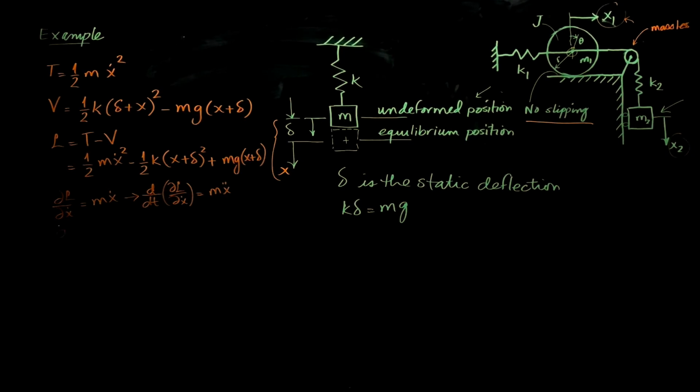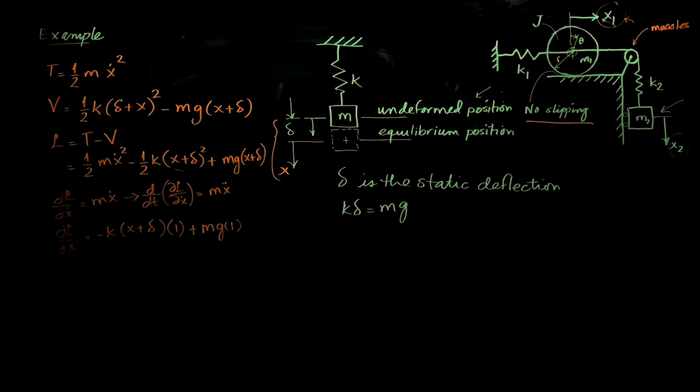Now the partial derivative of L with respect to x is negative k x plus delta, and the derivative of the bracket with respect to x is just 1, plus mg, derivative of the bracket with respect to x is just 1.